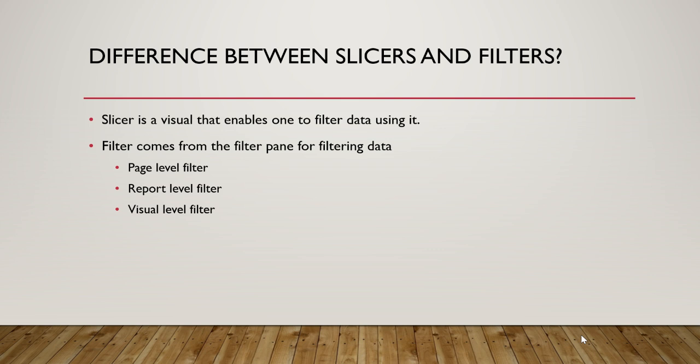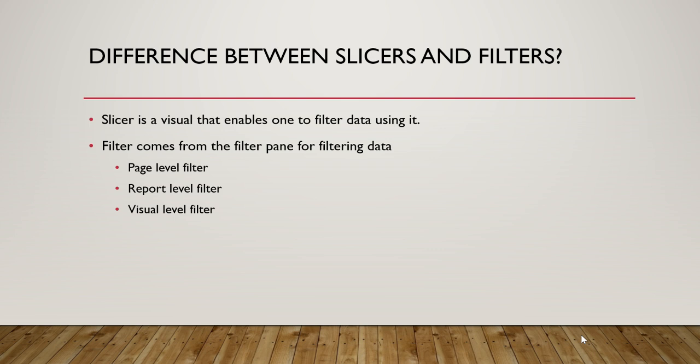Difference between slicers and filters. So the slicer is nothing but a visual itself, okay? And filter is, as I explained earlier in the previous questions, just the filter pane, okay, which is used to filter the data.